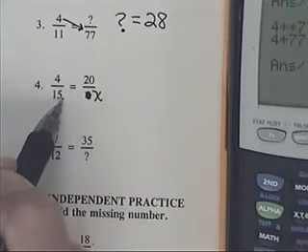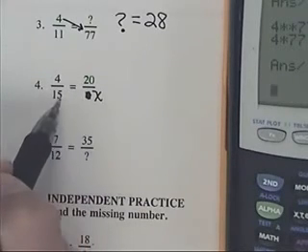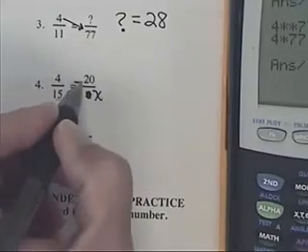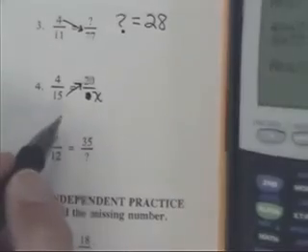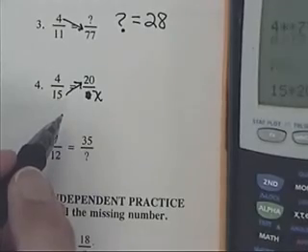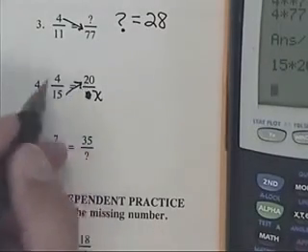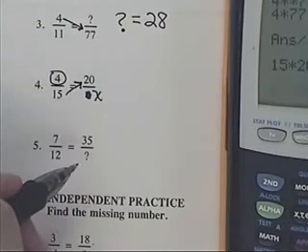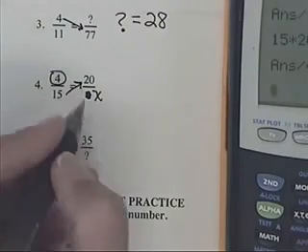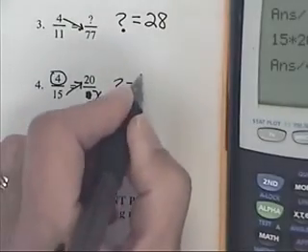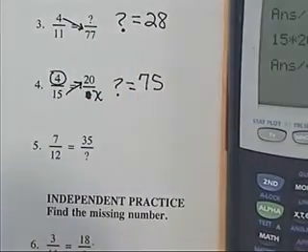I can't multiply times a number I don't know, so I'm going to multiply these two numbers. 15 times 20 is 300. Then I'm going to take the 300 and divide by 4, and that tells me that the x, or the question mark, is going to equal 75.